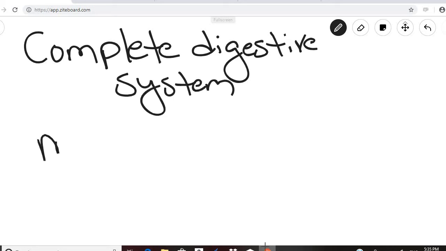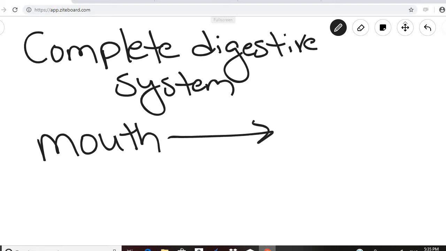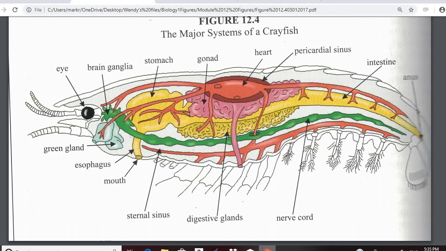We'll follow this through the figure, but it goes all the way from the mouth to the anus. There are parts in between, but the food enters the mouth here.